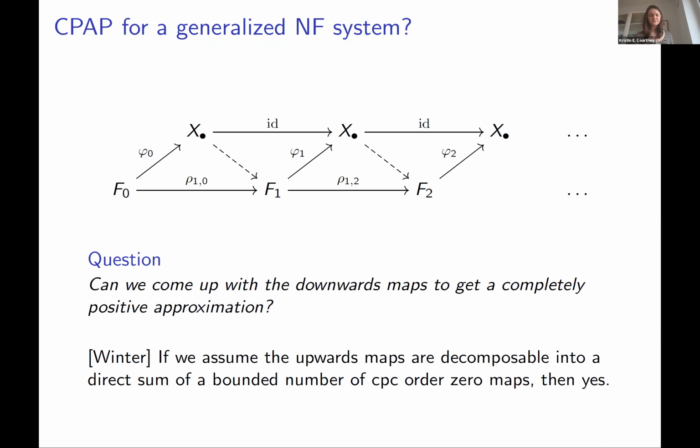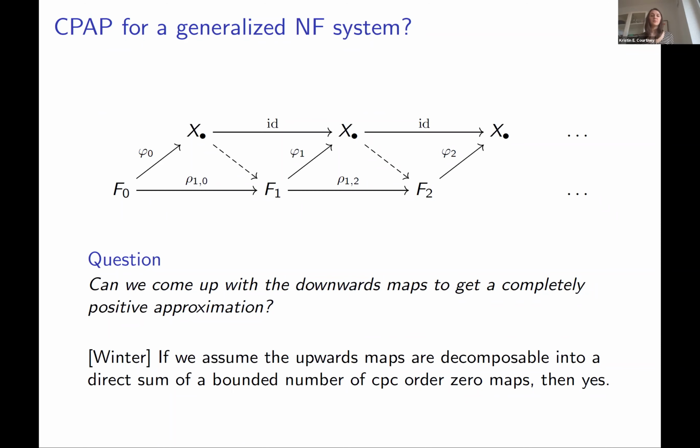And the answer, I should also put C-star algebras' name on this actually, my apologies. I think this is never really stated explicitly in the literature, but it appears a fair bit in the literature. We can actually say that if we assume that the upwards maps, these phi_n's, are decomposable into a direct sum of a bounded number of CPC order 0 maps, which you should think, if you've seen any talks on this before, is the finite nuclear dimension criterion, then the answer is yes.